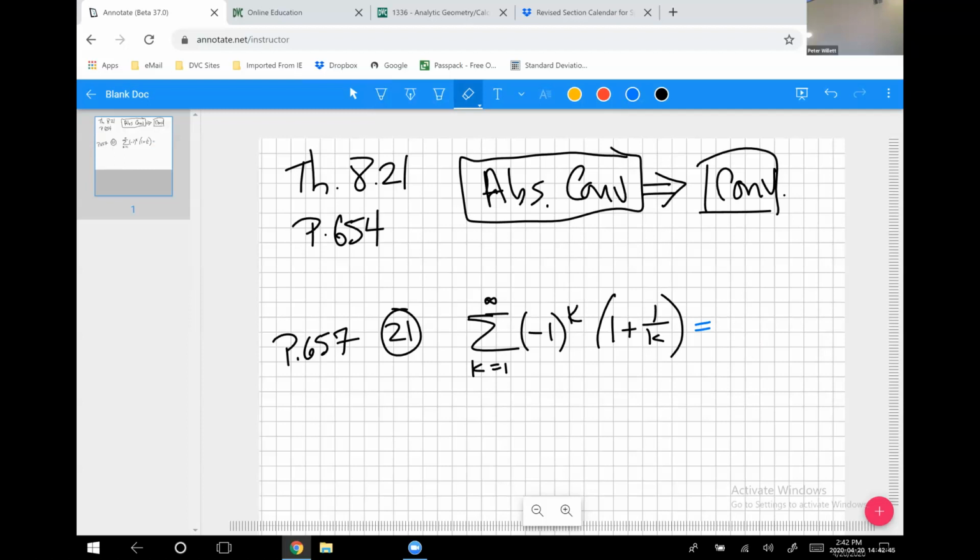When k is a 1, I get a negative, but I just get 1 plus 1, which is 2. So this starts with -2. Then when k is a 2, I get a positive and 1 plus 1 over 2, which is the 3/2 that I just was saying. When k is a 3, I get a negative, and then I would get 1 plus 1/3, which is 4/3, etc.